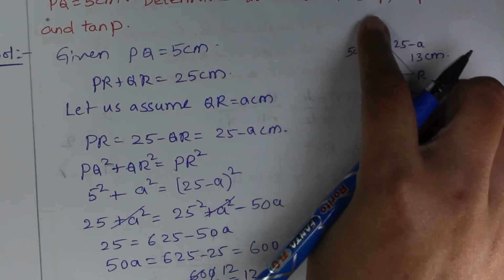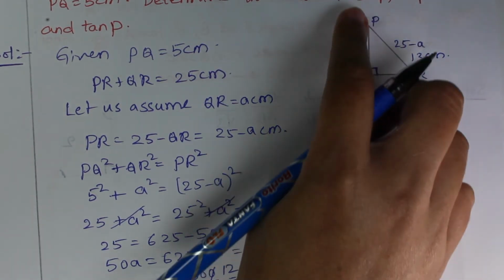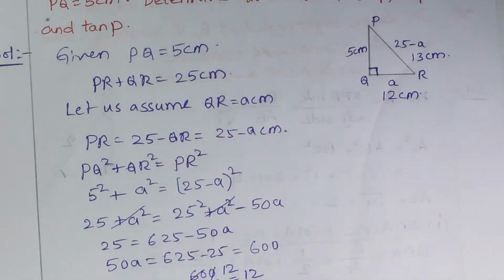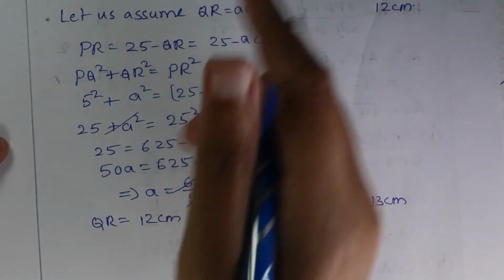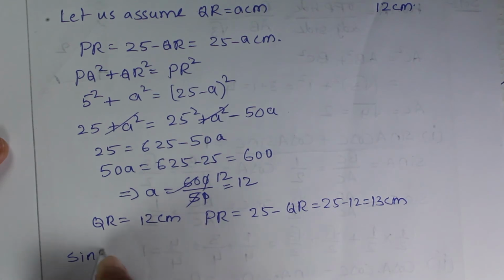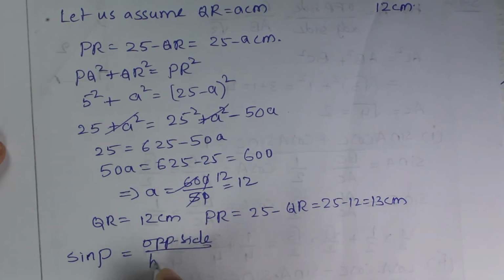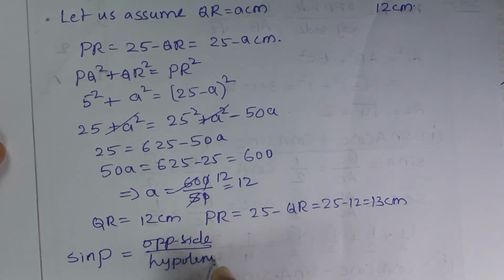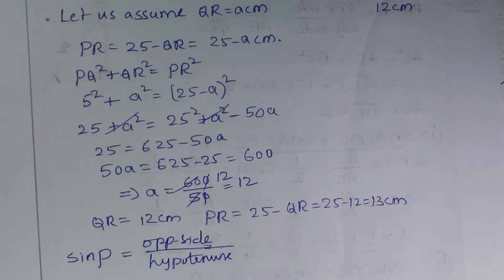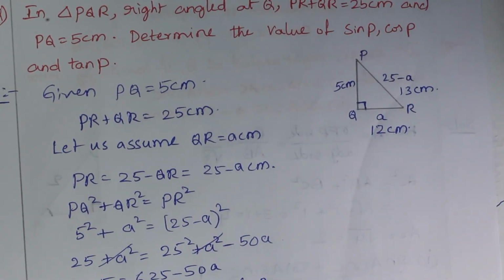Now we have the values of all the three sides of the triangle. Now we can find out sin P, cos P and tan P. First one, what is sin P? Sin P is equal to opposite side by hypotenuse. What is the opposite side to angle P?